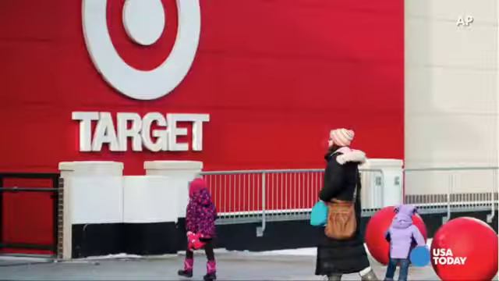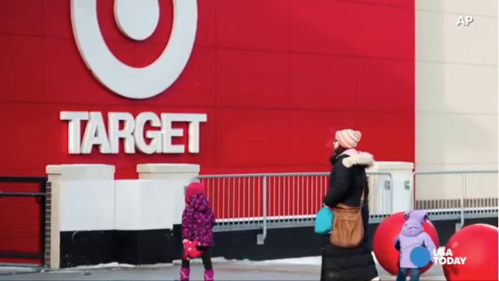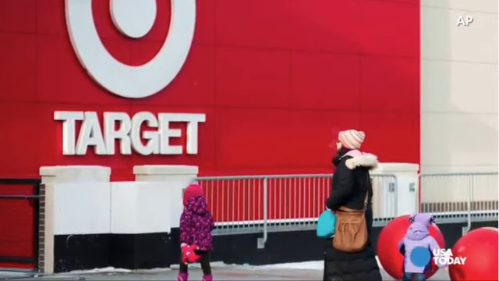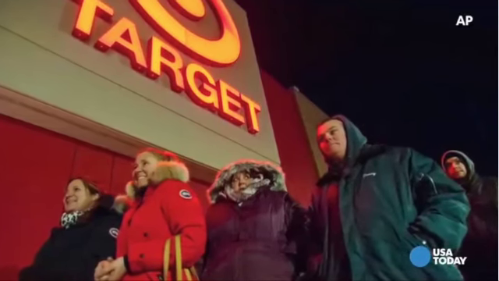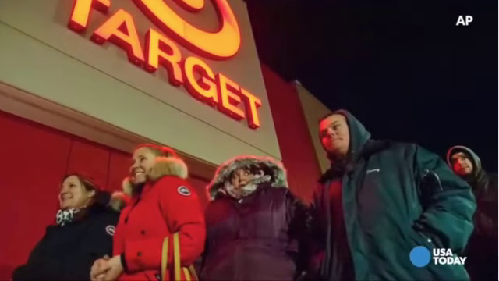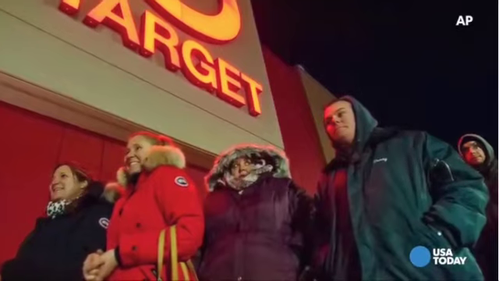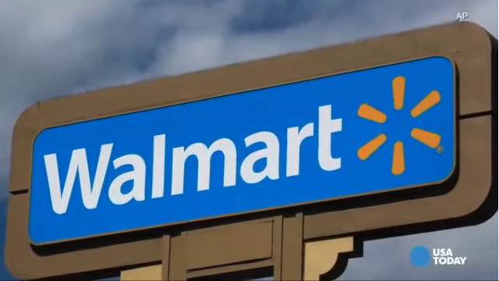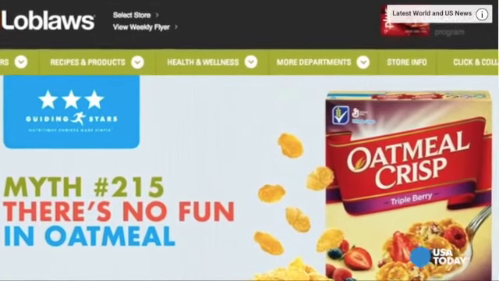Target itself admits that it tried to do too much too fast in Canada. I've spoken to several industry experts who say that Target also just didn't understand the Canadian customer, who's influenced by both the US and Europe, and they don't necessarily shop the same way as Americans. Plus, there was competition to contend with. Walmart already has a successful business in Canada, and other stores like Loblaws have very loyal customers.